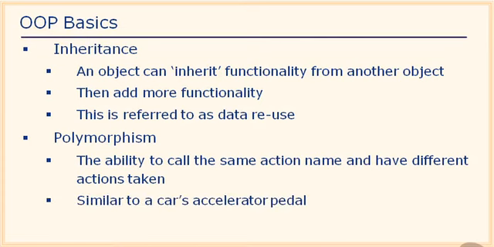Now, there are lots of bad examples out there, but a good idea is that polymorphism is like a car's accelerator pedal. If I get in a 1963 Volkswagen, if there is one, or a '67, and I press the accelerator, it makes the car go. All right. If I get into a 2011 Range Rover, press the accelerator, it goes.